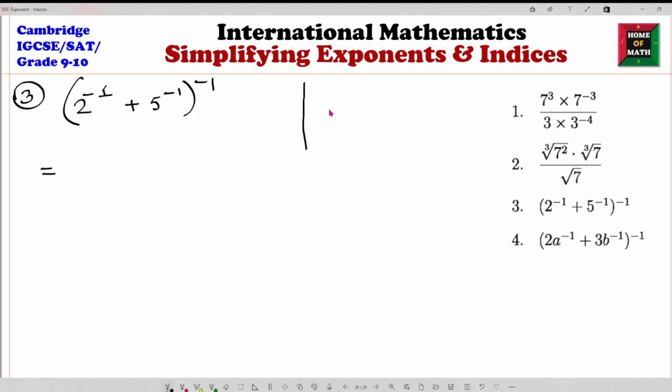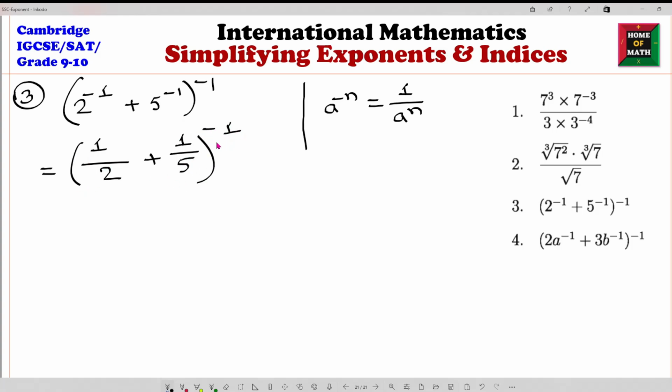Look, as per the negative exponent, a to the power minus n we can write as 1 divided by a to the power n. So here is the negative exponent of 2, so this one we can write as 1 divided by 2 to the power 1, or we can say 1 by 2. And here is also a simple negative exponent, 1 by 5, and to the power minus 1. We will do something about this minus 1 later.